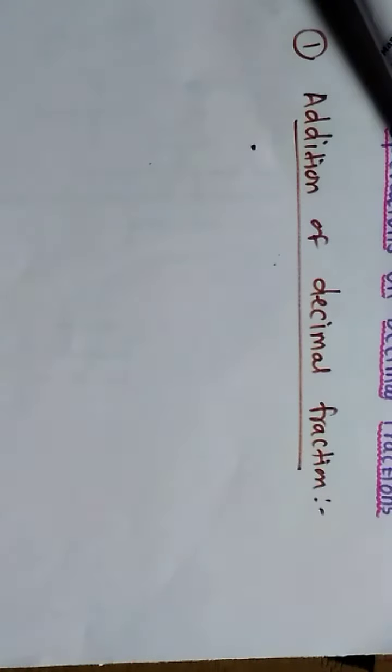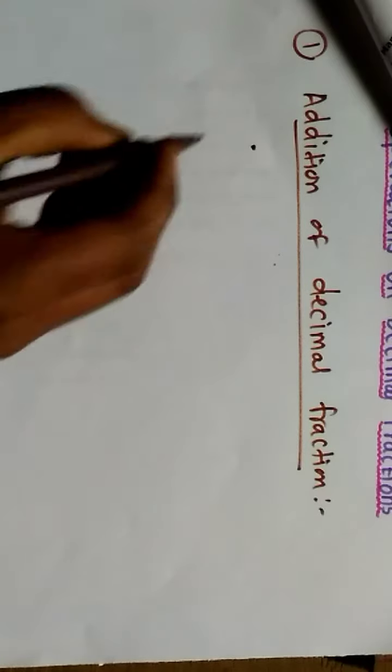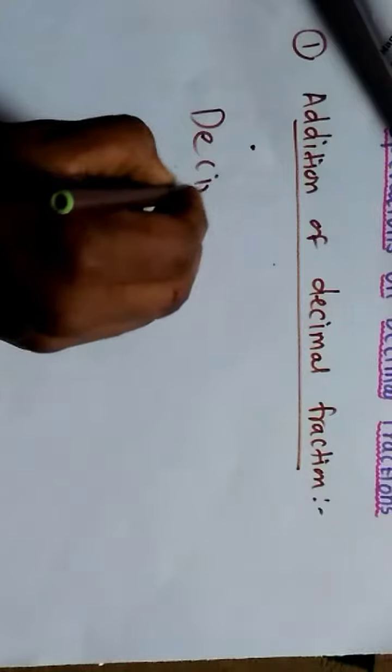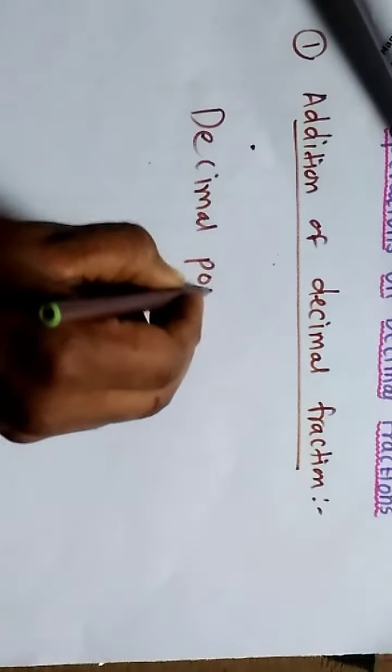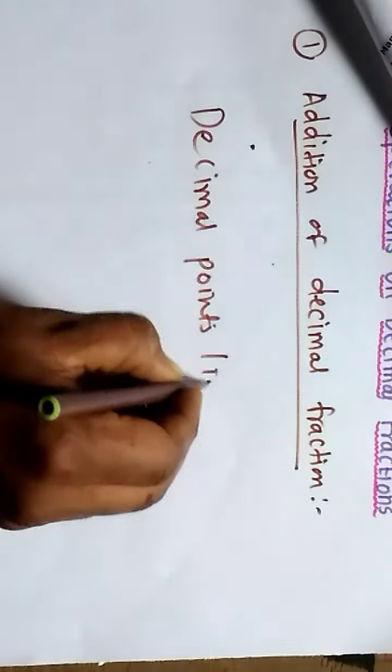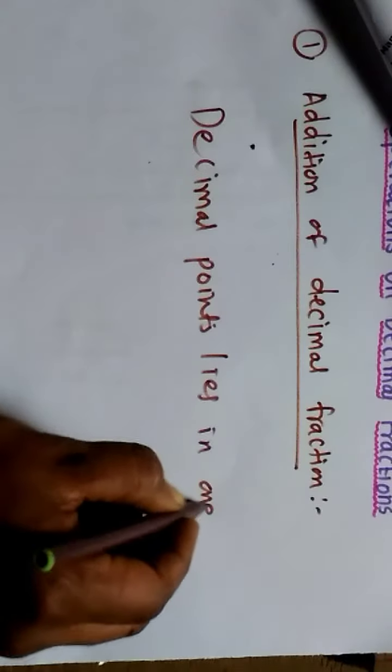For addition as well as for subtraction, keep in mind to place the numbers under each other so that the decimal points lie in one column.